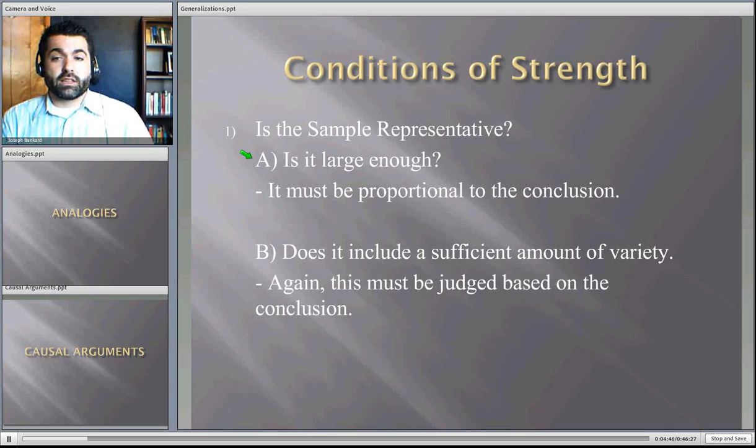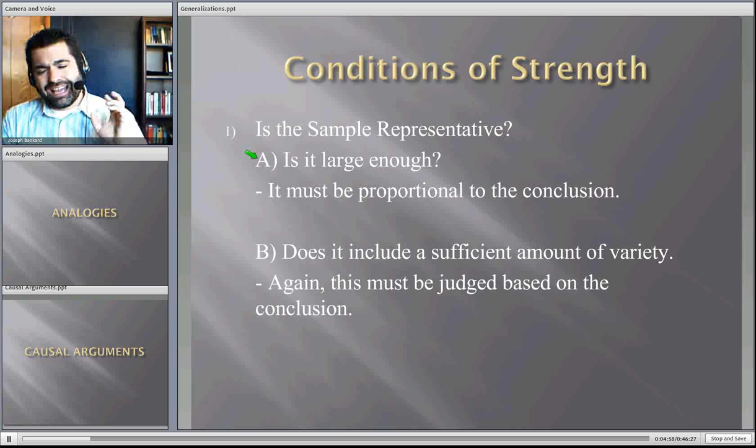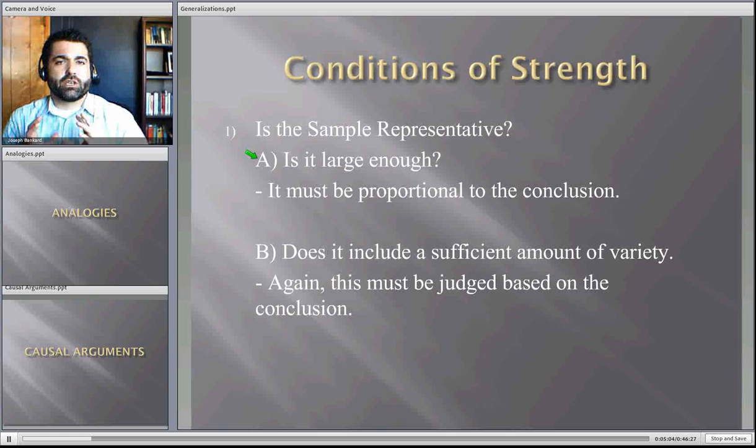So one of the things you want to ask is whether the sample size is large enough to make the generalization. Another thing to think about, this is about being critical: is the sample size large enough, and is it proportional to the conclusion? For instance, if I wanted to make a generalization about NNU's campus, I would need a much smaller sample size than if I wanted to make a generalization about the United States as a whole.